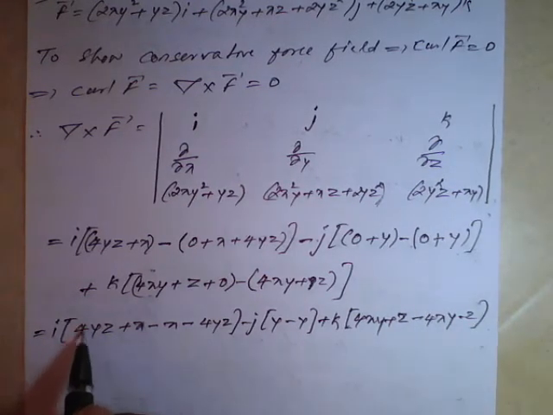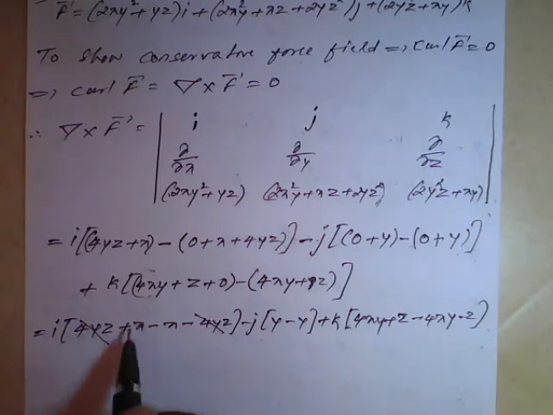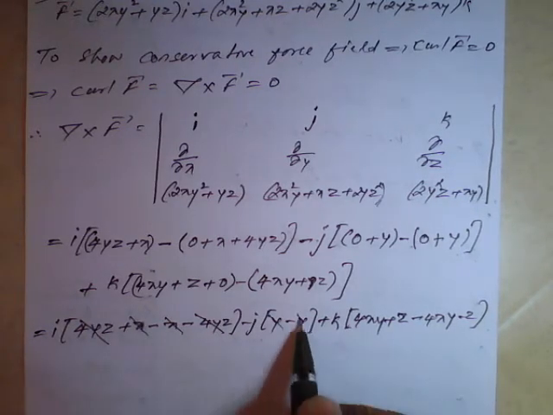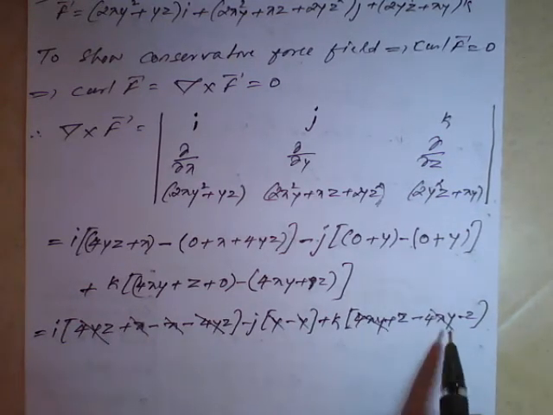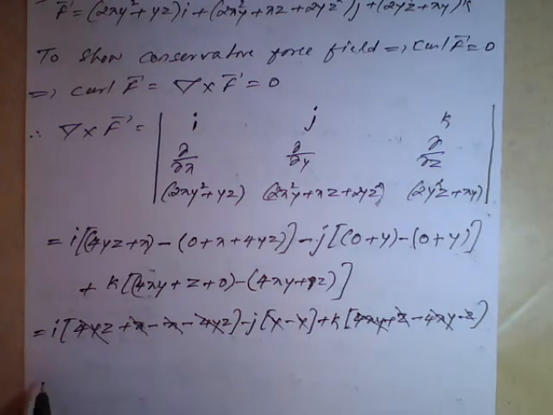So 4yz cancels with 4yz, x cancels, y cancels, here 4xy and z all cancel.